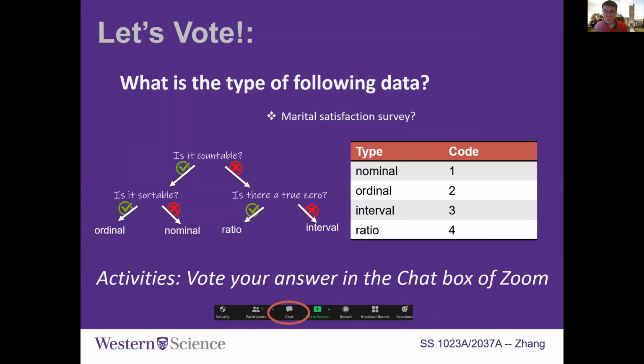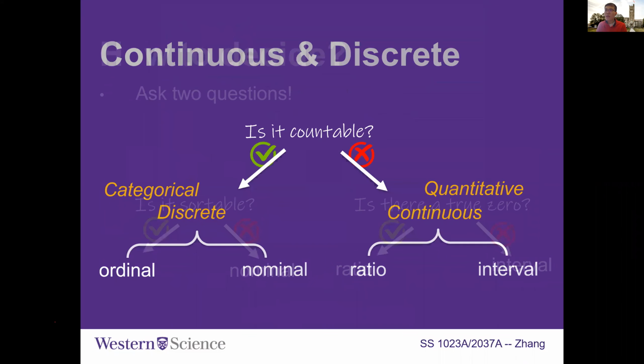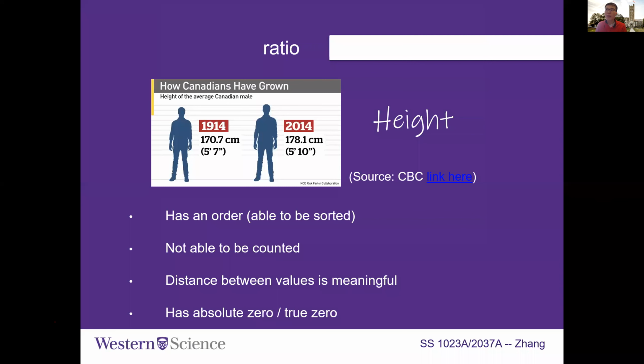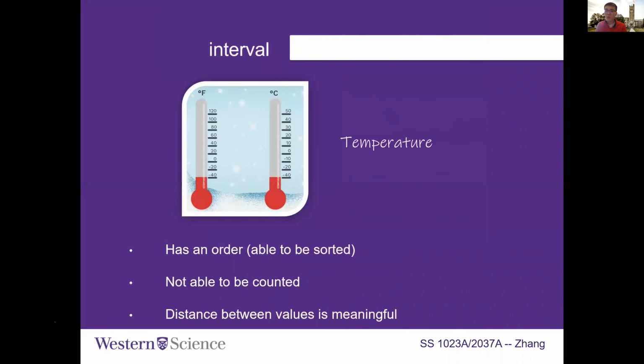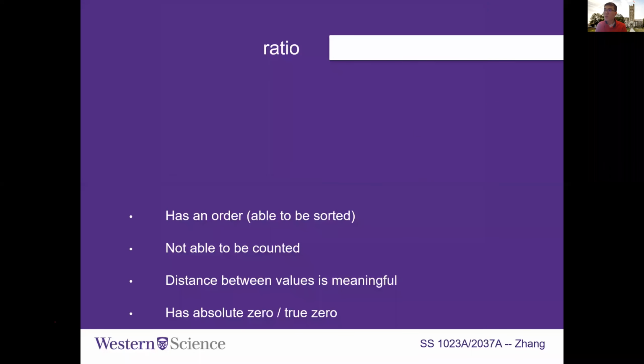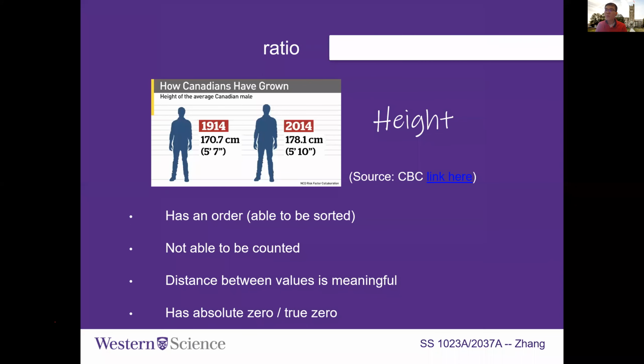Could you explain again about the true zero? Sure, yeah. To understand the true zero, the best way is to compare these two examples: the temperature as well as the height. For height, zero height means there's nothing, right? It's zero and we don't observe anything. So it does contain a specific meaning, and when I say zero height, you know what I mean.